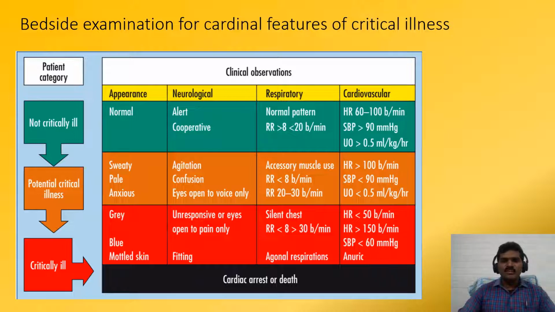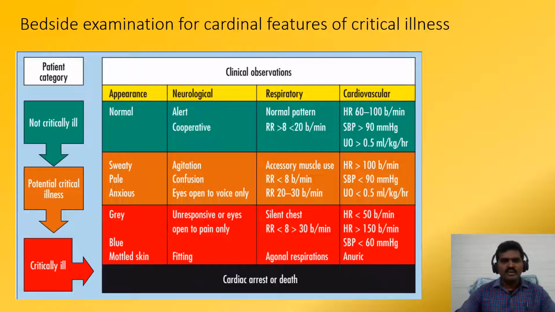But if you neglect them, anytime they can progress into a serious stage. Then there are the critically ill patients, which we are dealing with today. Critically ill patients are the ones which, if you neglect for even minutes, there's every chance that they will land up in cardiac arrest. So how are you going to differentiate these patients?